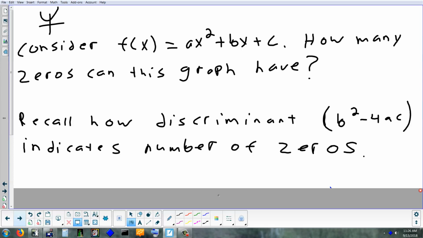Okay, we wrote all that down. It was the very end of, it wasn't yesterday's lesson, maybe the day before. So it's all broken down into cases, whether this comes out less than 0, equal to 0, more than 0. No solution, one solution, two solutions, in the order I just said them.